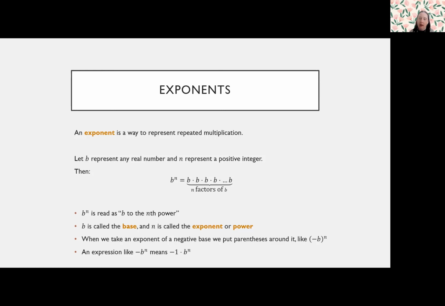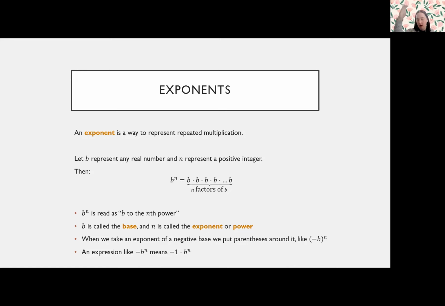So the mathematical definition: you have b, which just represents a number, and then n is a positive integer. That means there's not going to be any decimals or fractions in your exponent. We're just having positive exponents here, but what's underneath the exponent can be anything.